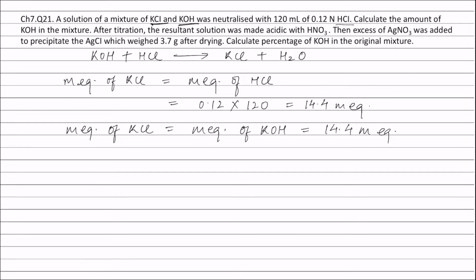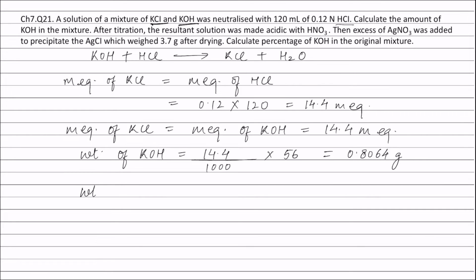milli-equivalents. Therefore, weight of KOH will be equal to equivalents of KOH, that is 14.4 divided by 1000, times equivalent weight of KOH, which is 56, and this is equal to 0.8064 grams.